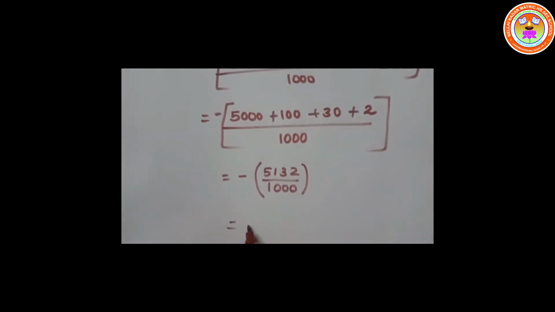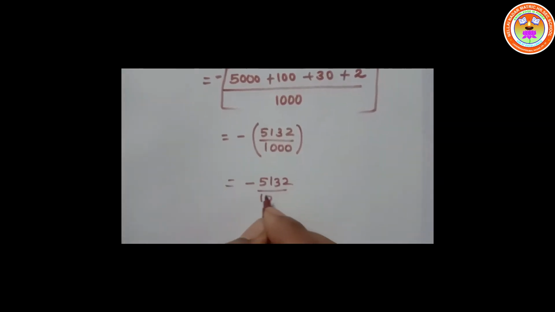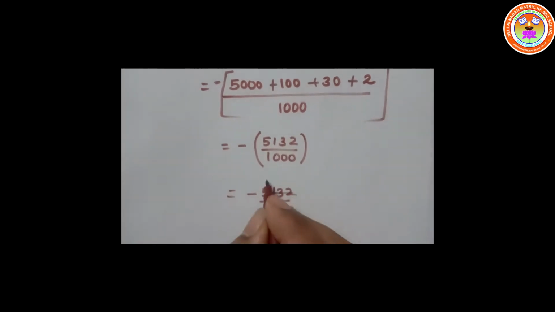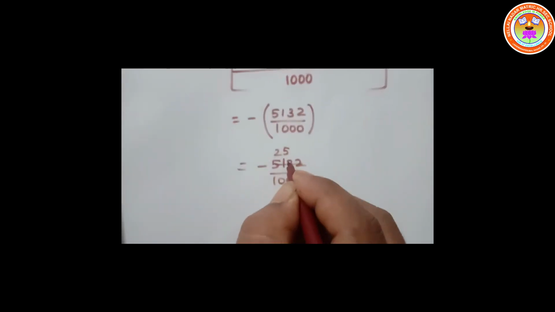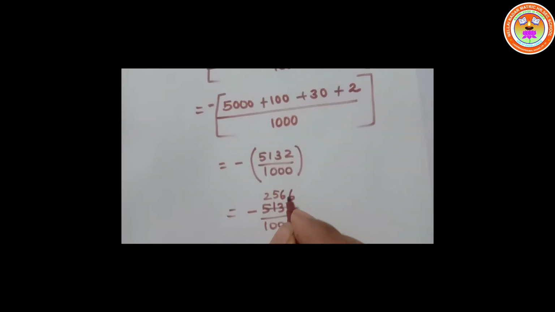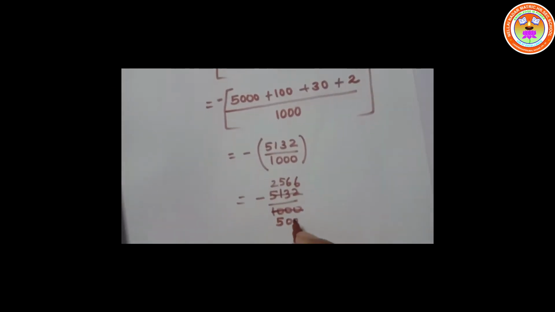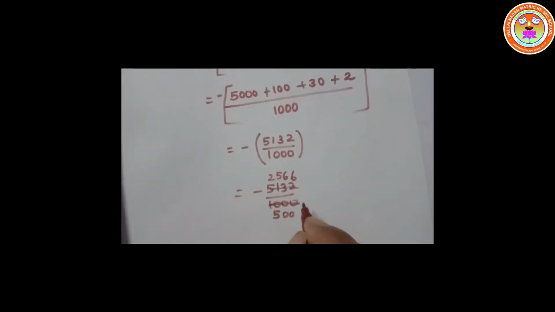Now minus 5132 by 1000, right? So 2 2s are 4, carry 1, 2 5s are 10, carry 1, 2 6s are 12, carry 1, 2 6s are 12, divided by 2 gives 500.